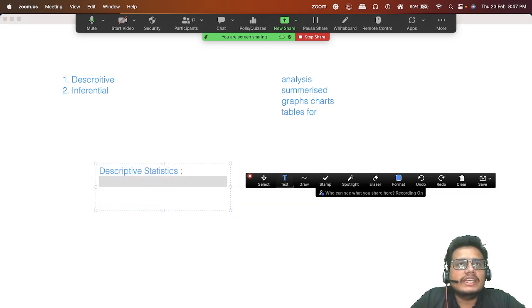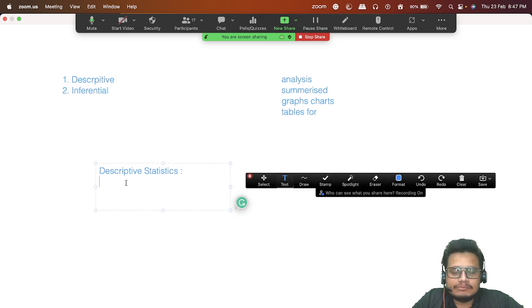So when we are working with the whole data, it comes under the descriptive statistics. But when we are working on a sample data, and from that sample data we are making some conclusions, it comes under inferential statistics. Okay, so in the descriptive statistics we can make graphs, tables, charts.